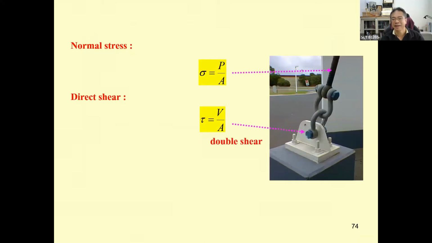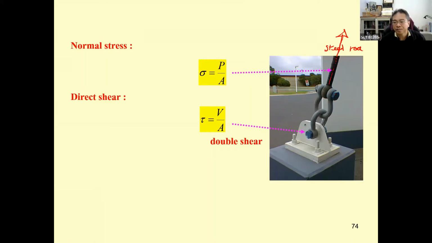And you can see in a really simple connection, we have the rod over here. This is maybe the steel rod, and usually the steel rod must carry axial force passing through its centroid.